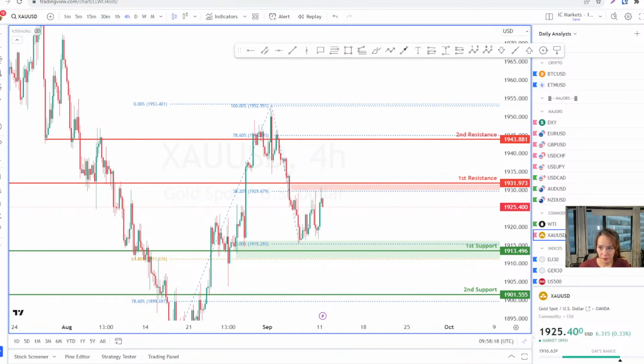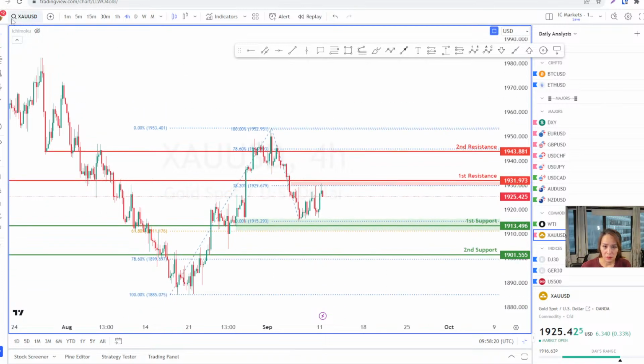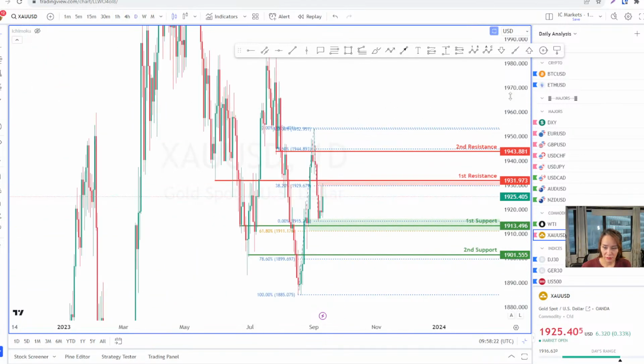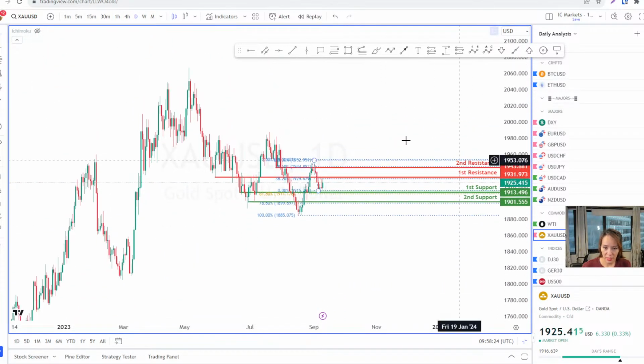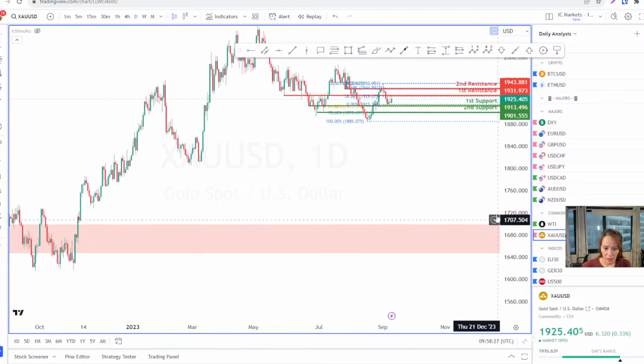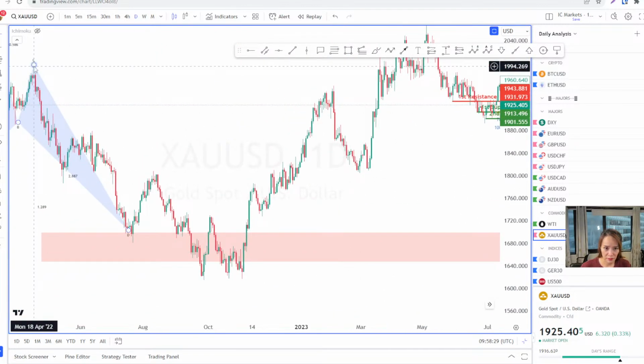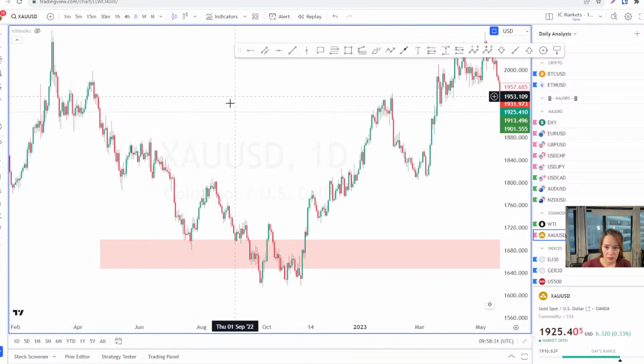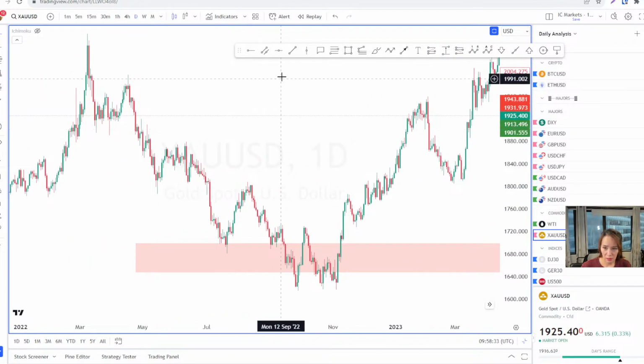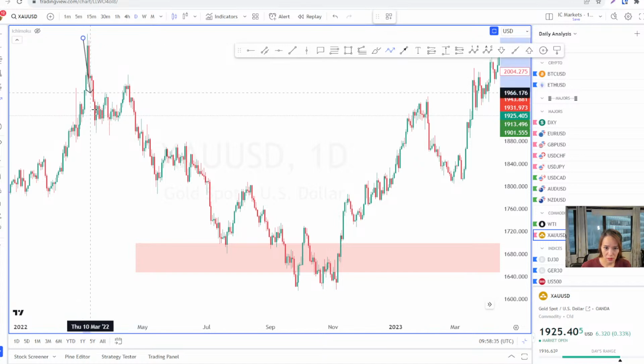For gold, look at the daily time frame. You know that gold is still in a downtrend, right? It used to be an uptrend. If you look to your left, every time, always look at market structure first.